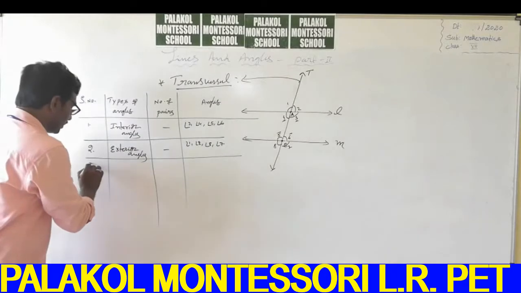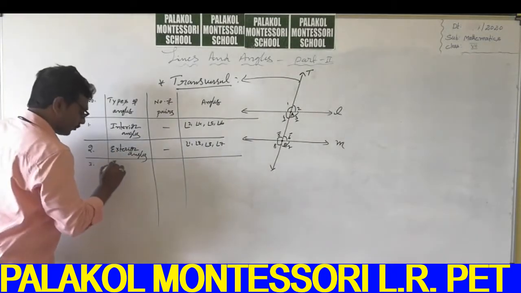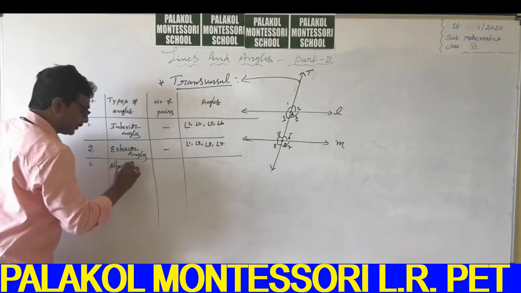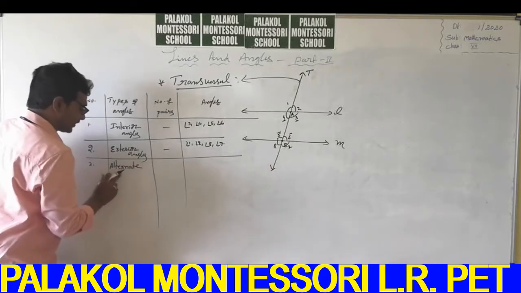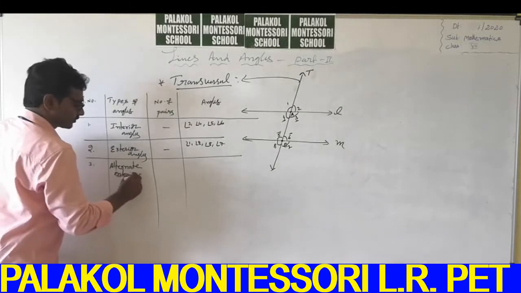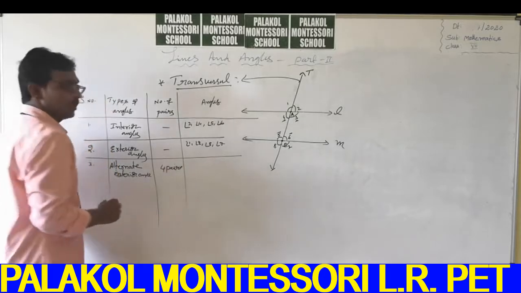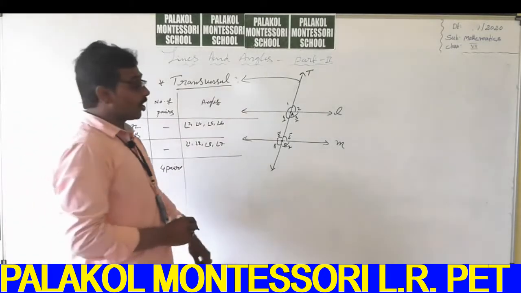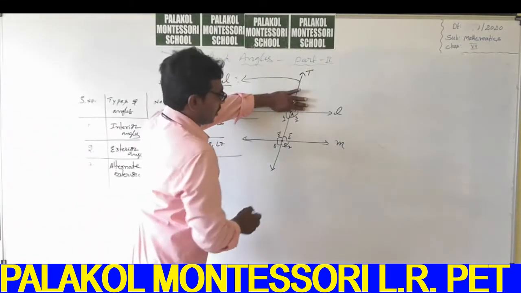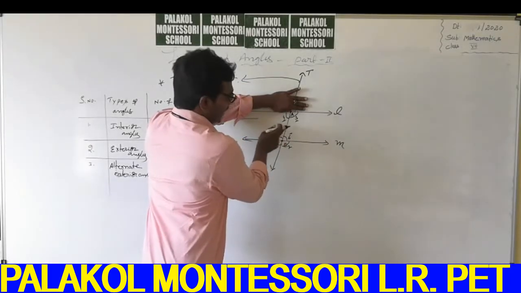The third one, alternate interior angles. This is important. There are two pairs. Check it. See, 4, 6: these are alternate interior angles.